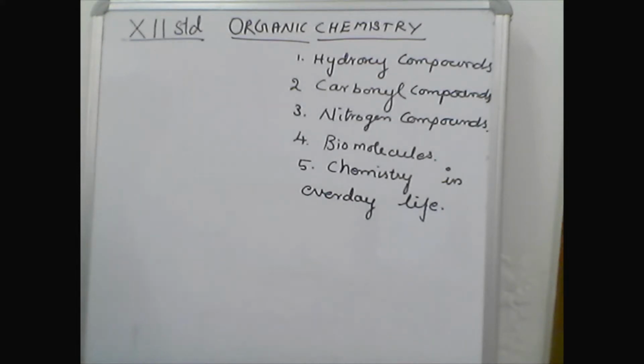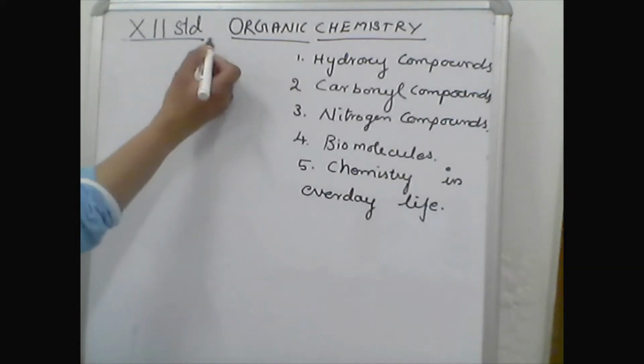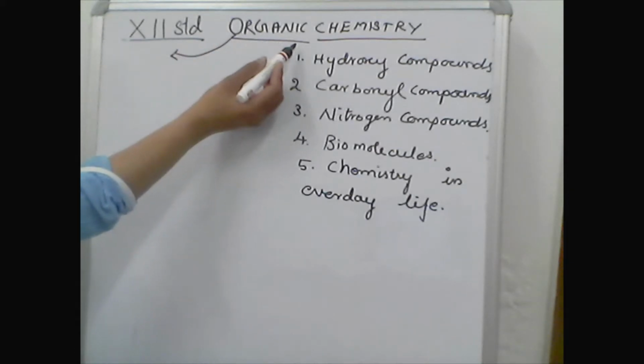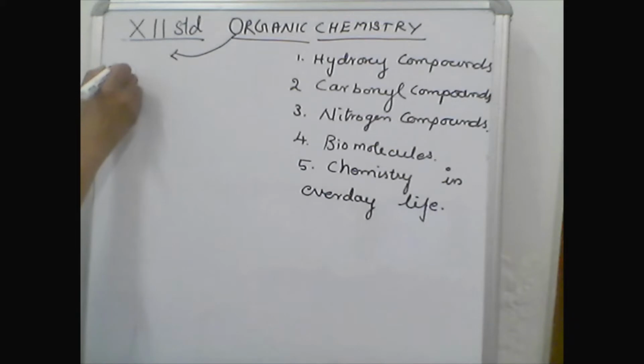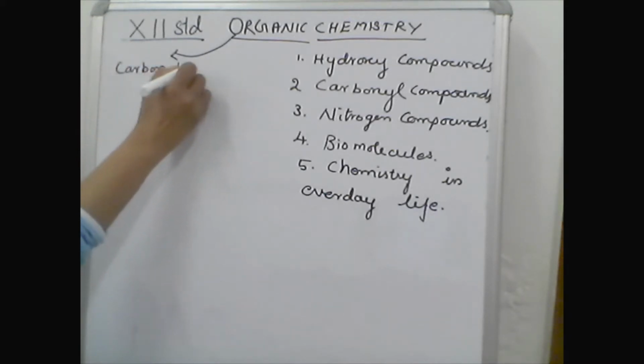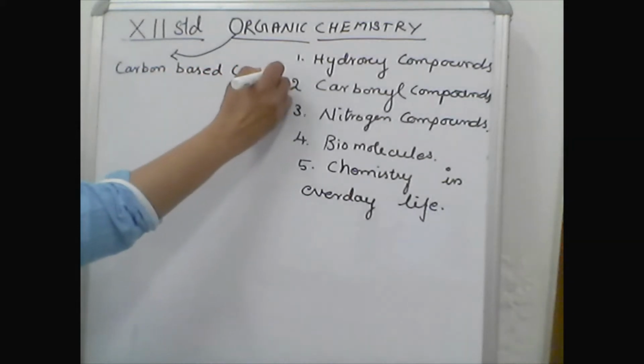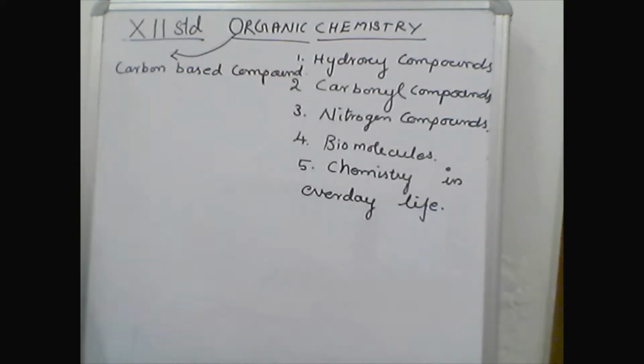So basically, what will we study in organic chemistry? Organic chemistry deals with carbon based compounds. An example of a carbon based compound is, first, all the hydrocarbons.